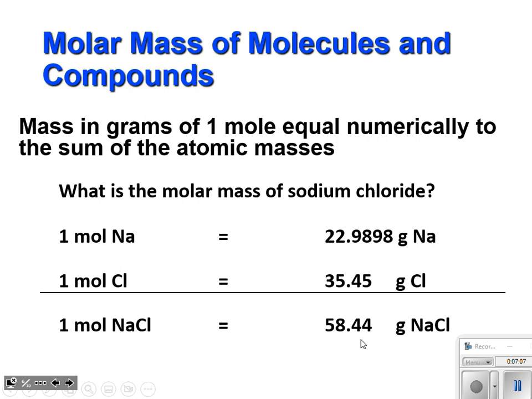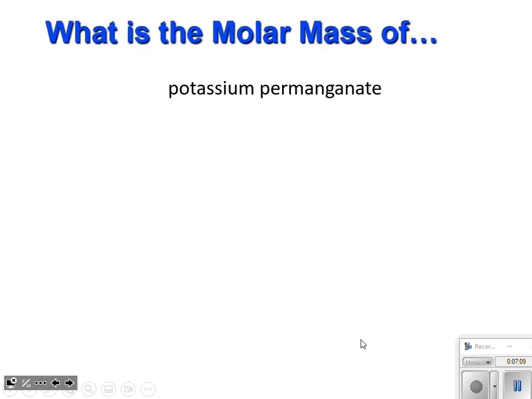All right? Now, we're going to go in and we're going to work a couple of these. So, you might want to take out your ion sheets too, because we're going to do some ionic bonding here. First one, potassium permanganate. I look at my ion sheet. I need to find permanganate.